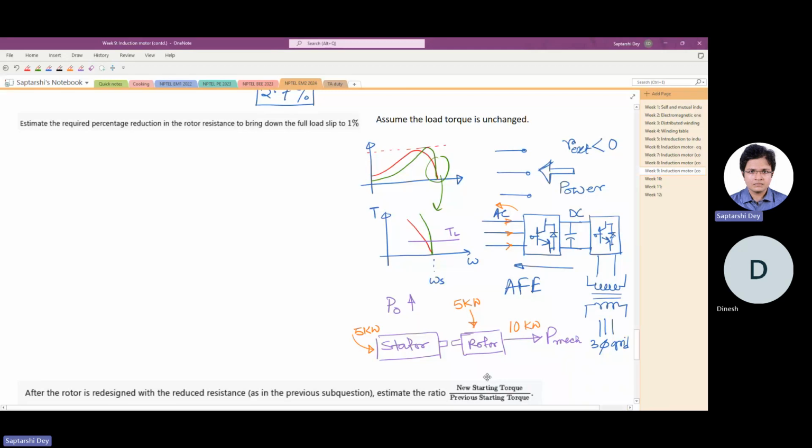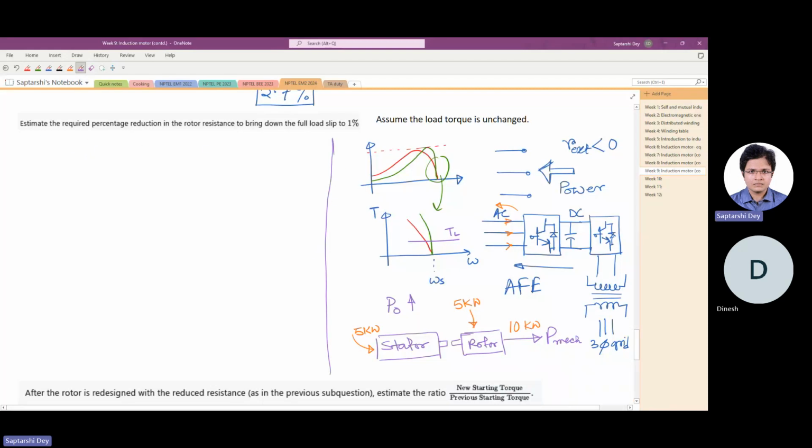So the rotor current does not change. There is some research work on this, some rigorous research work. Anyway, that is not our topic of discussion.